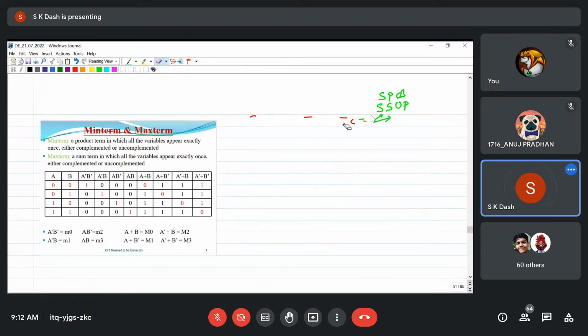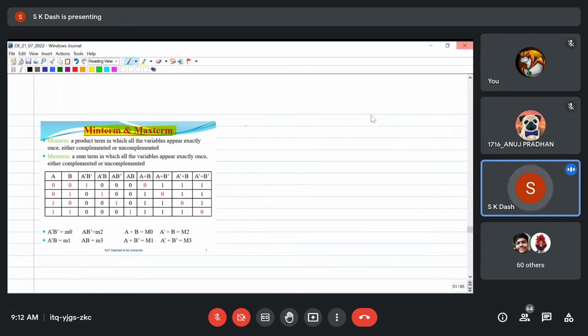Now, to understand that, first we need to understand min term and max term. Once we understand that, then we'll be able to directly find that f.